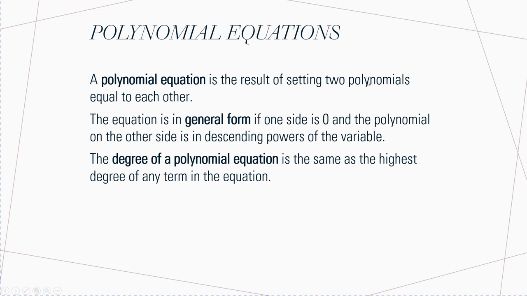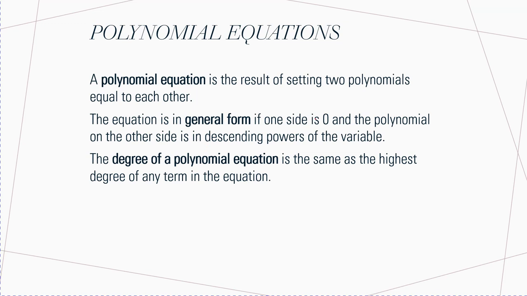These polynomial equations are the result of setting two polynomials equal to each other. You'll see in the examples here when I get through them. The equation is in general form if one side is 0 and the polynomial on the other side is in descending order of the variables. The degree of the polynomial equation is the same as the highest degree of any term in the equation.